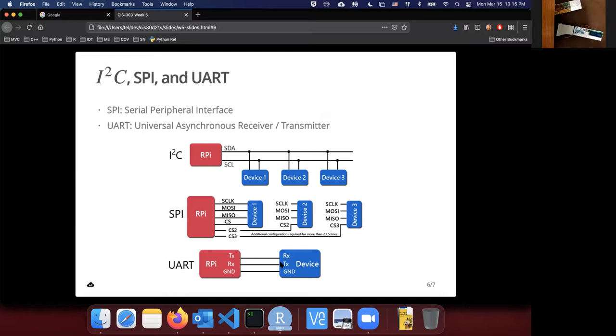It's the slowest among the 3. We're not going to have a device that communicates on these, but in your own IoT programming, you will probably encounter some of those things. But I2C is the most common that you'll see.